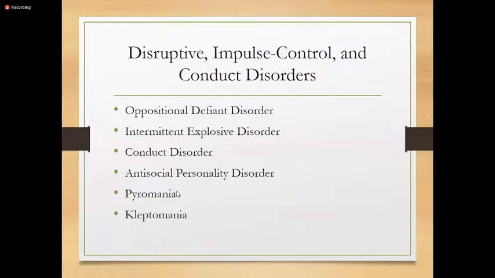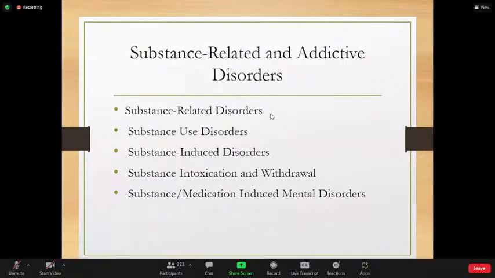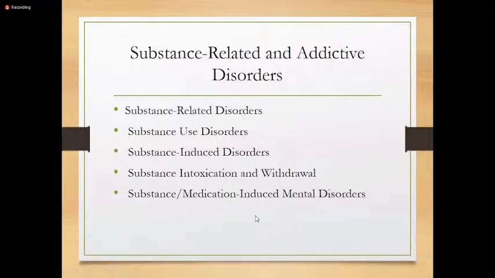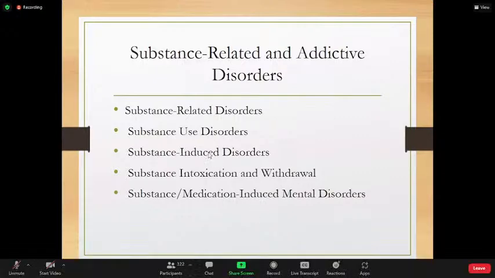Then they have put pyromania, kleptomania. Don't start wondering whether all the school children these days have become pyromaniacs because they are burning schools. No. We cannot make that diagnosis as a group diagnosis. It is usually an individualized one.